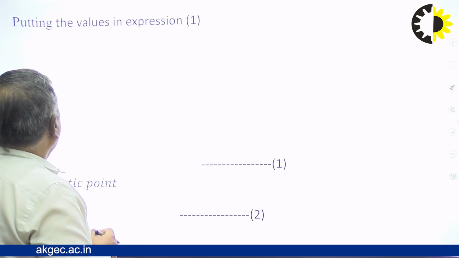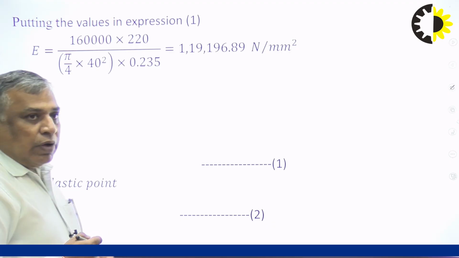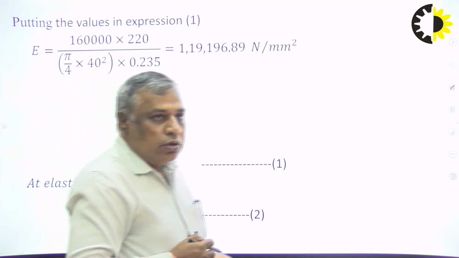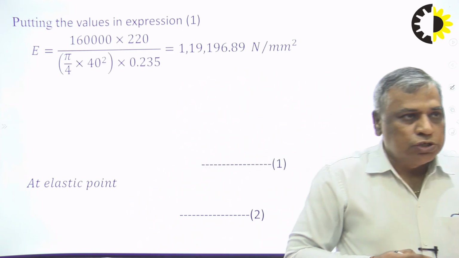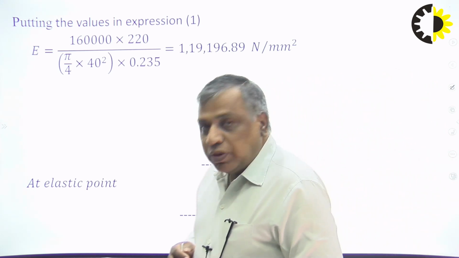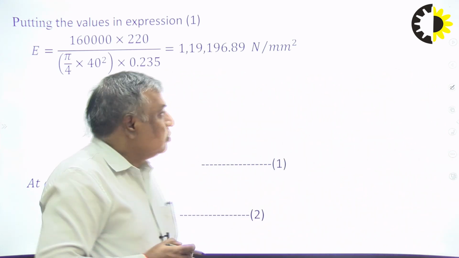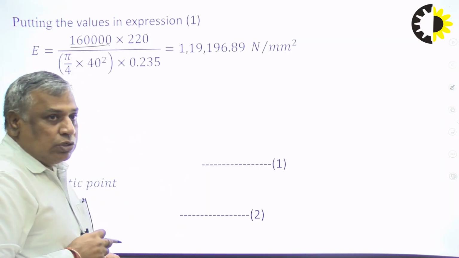So putting these values in expression 1, the values are given at the point of 160 kilonewton. Corresponding to 160 kilonewton, the gauge length is 220 millimeter. So P is 160,000 Newton.